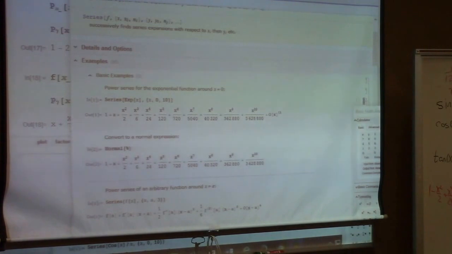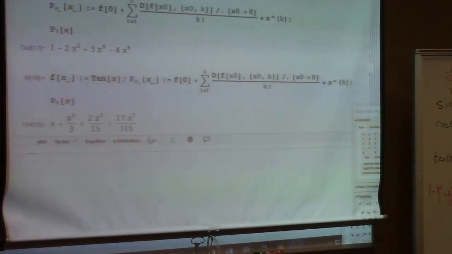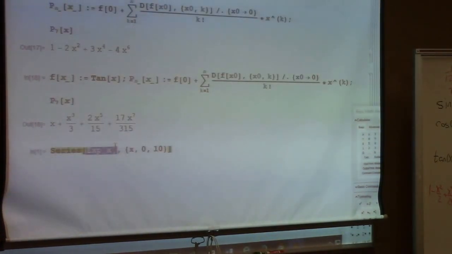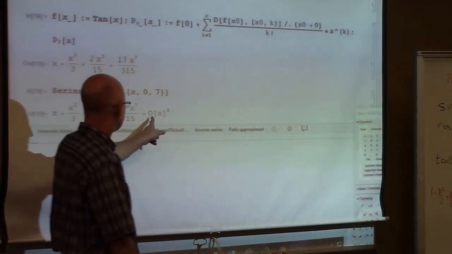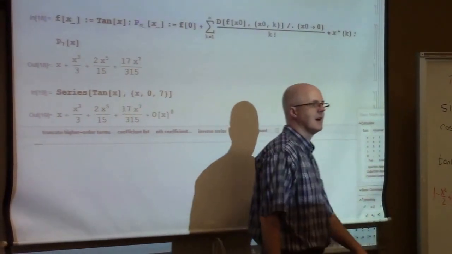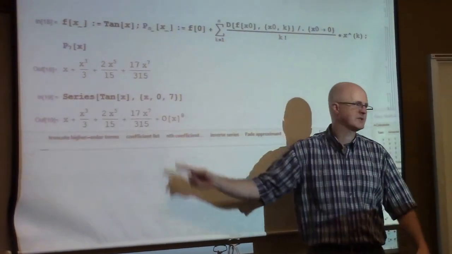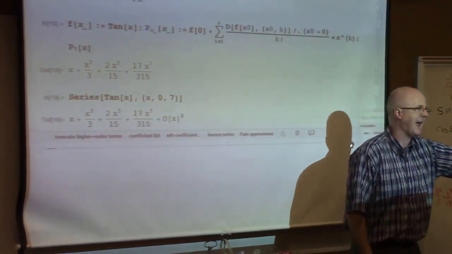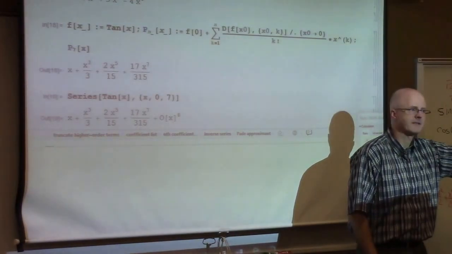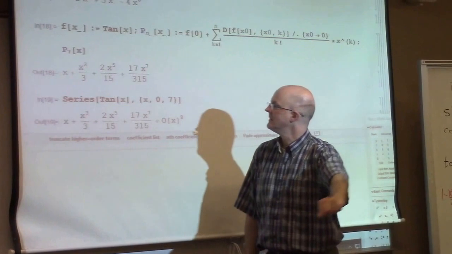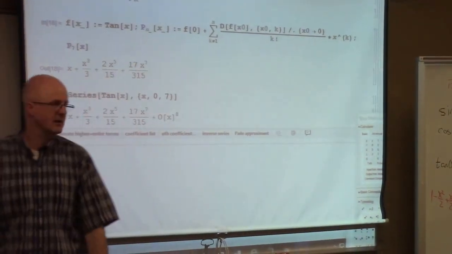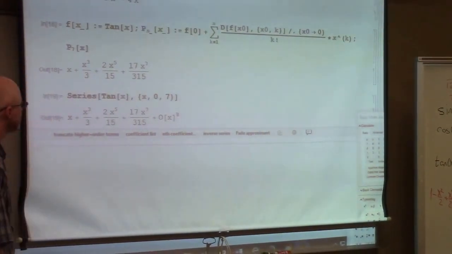So if I do that, copy and paste that in here, and replace f of x with tangent of x, go up to 7 here, I get the same thing. It adds on what's called big O of 8, which basically means 8th degree and higher are the other terms that are missing. That's a command that you can use to check the answers too.